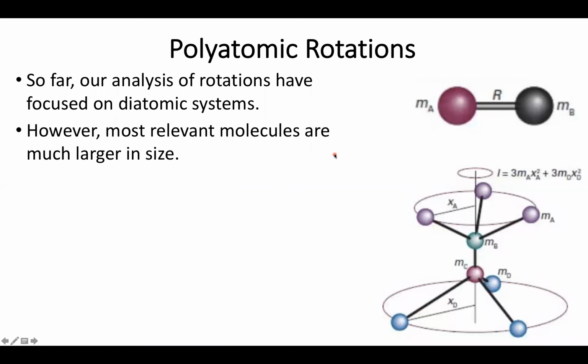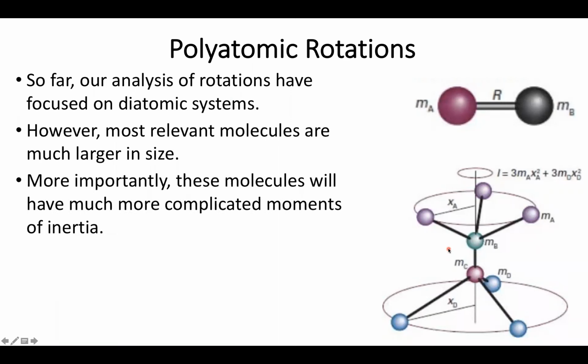Of course, they're going to be larger in size, but one of the bigger things is they're not going to be quite as symmetric. And this has some very important consequences on those moments of inertia, because remember, the moments of inertia are all talking about how the system moves around the center of mass, which again is the important part about rotations.